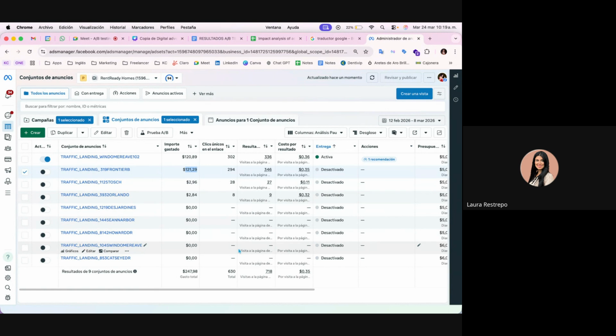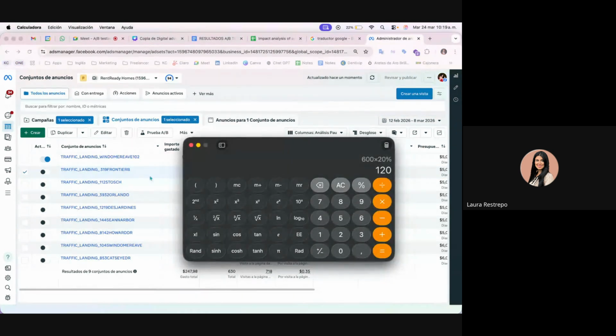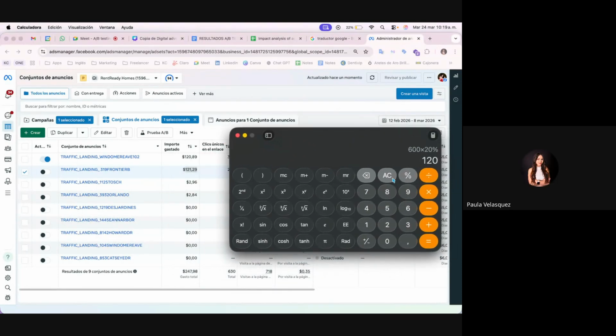So yeah, this is the total amount. This is the clicks, the result, the CPR. Yeah, $5 for inquiry.